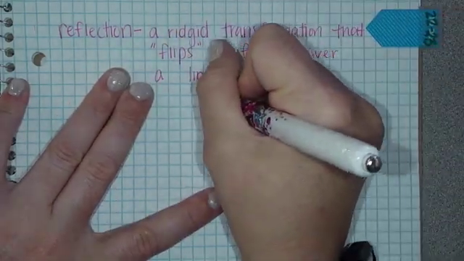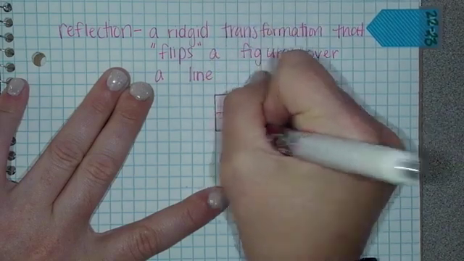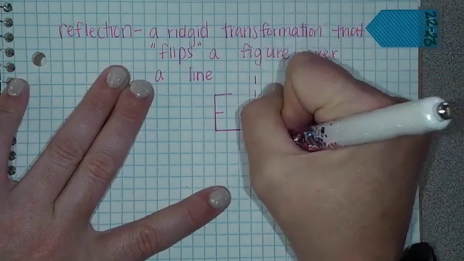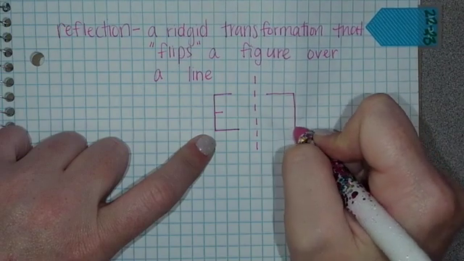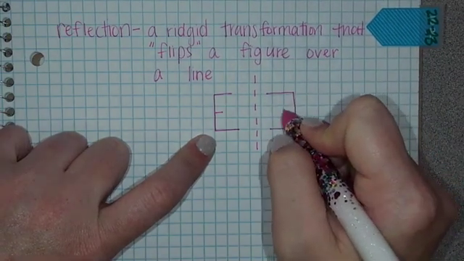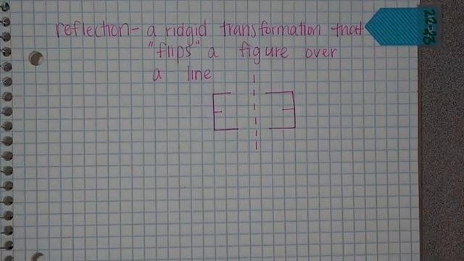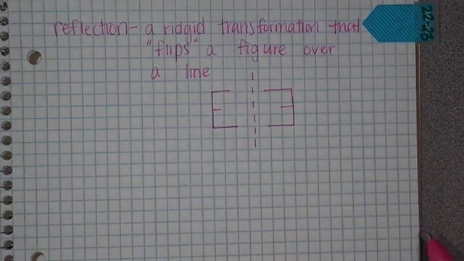So if I put the letter E here and I want to reflect it over this line, it will now look, that's kind of the best I could get, my bad. Some of the line is a little bit too big. So if I reflect the letter E, it's just going to be a backwards letter E. Okay?